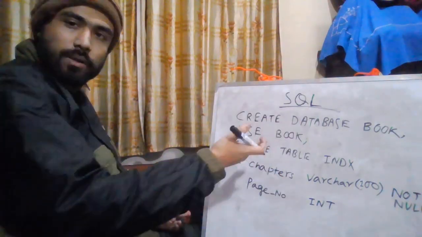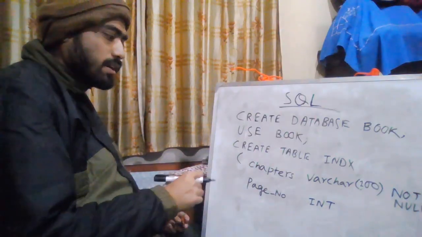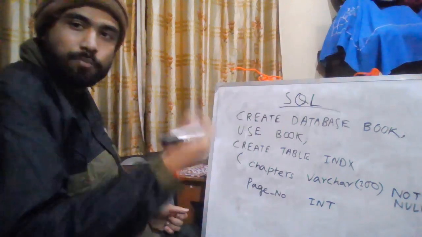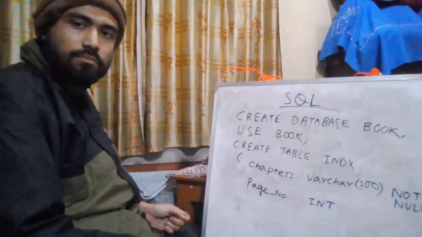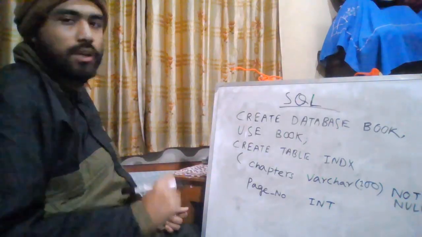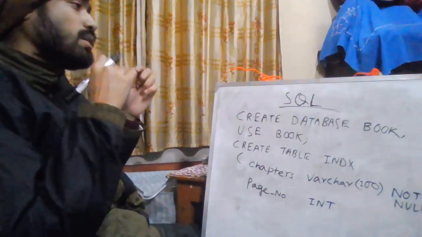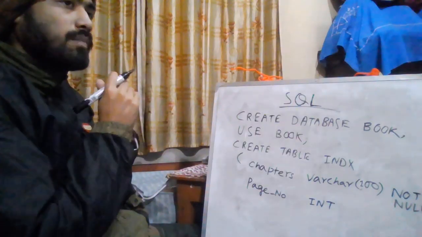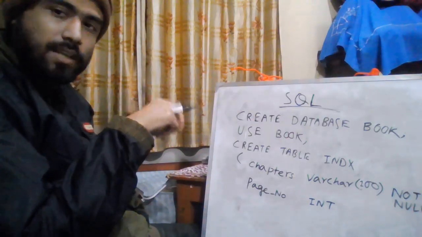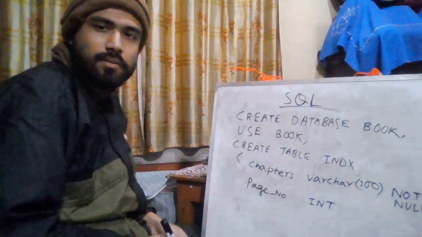So we can consider it to be primary key, but it is better to take page number as primary key because primary key is a unique value. So page number is unique for each and every chapter. Yes, there can be two chapters in a page also. That is also right, but usually it doesn't happen.